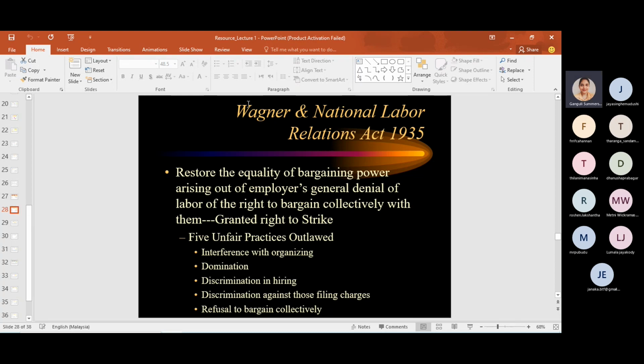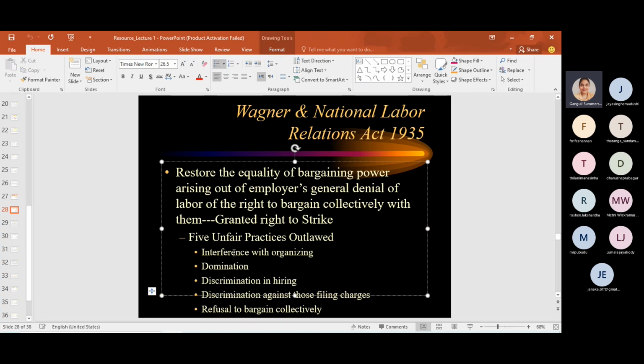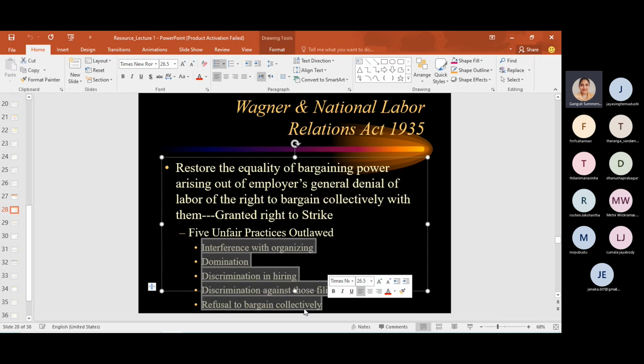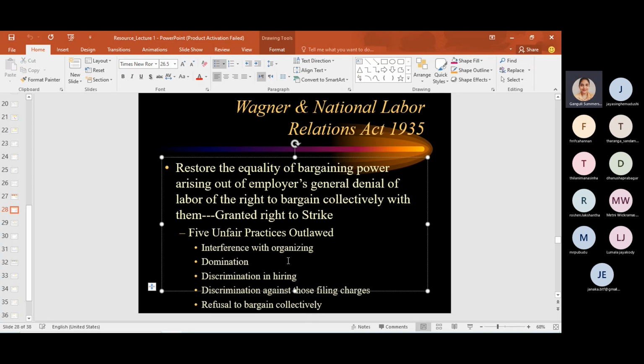So this act basically talks about equality. This act talks about unfair practices. This Wagner National Labor Relations Act mentions that these practices should be prevented: interference with organizing, domination, discrimination in hiring, discrimination against those filing charges, refusal to bargain collectively.